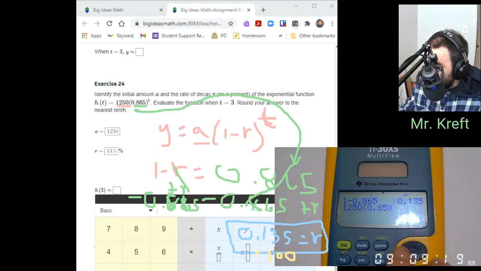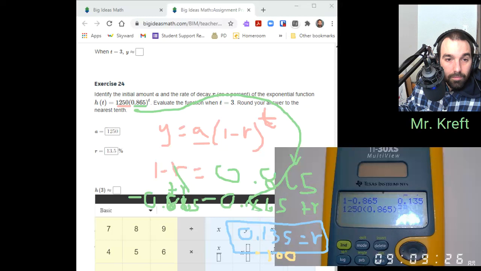Then it asks me for 3, so I'm going to plug in 3. Okay, so there's my equation.